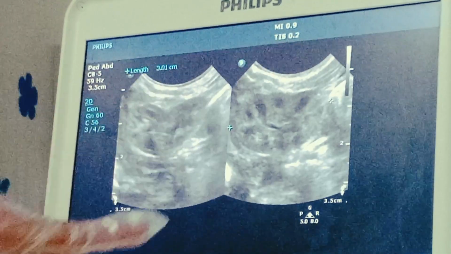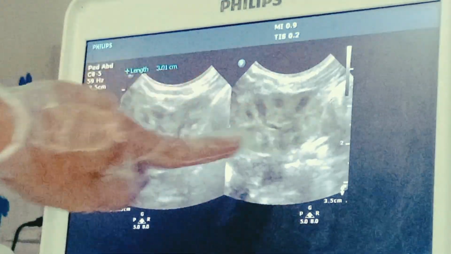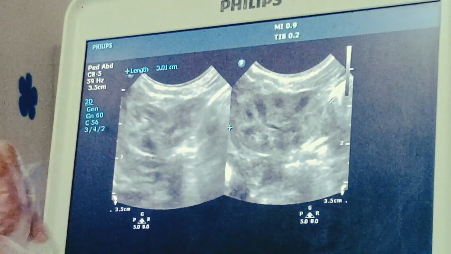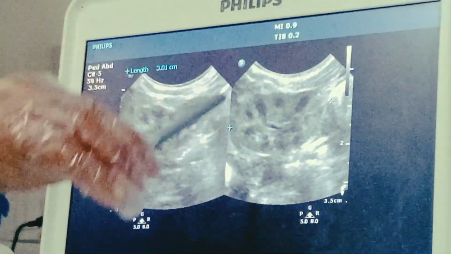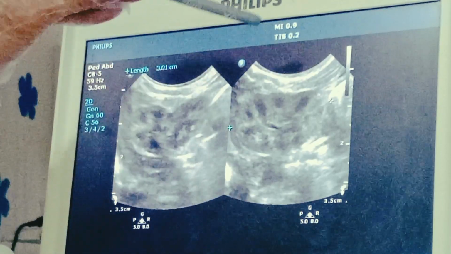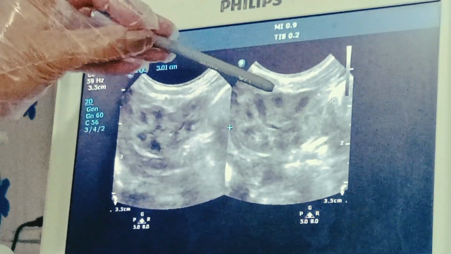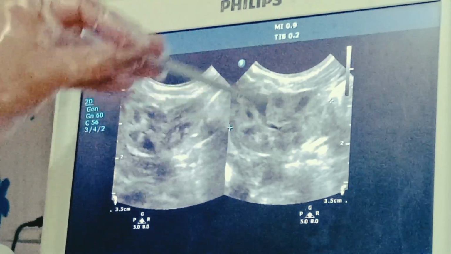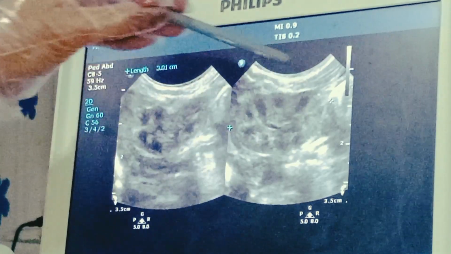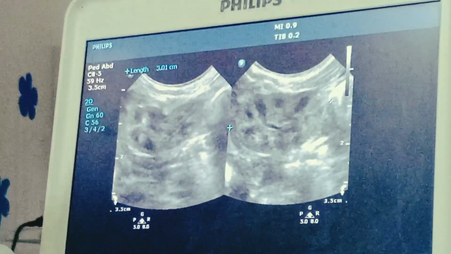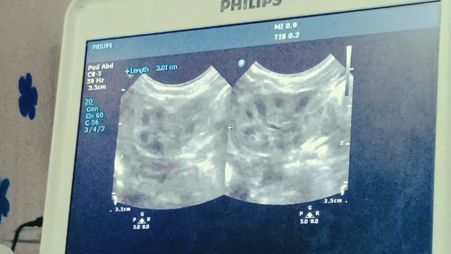This is how the longitudinal length of the kidney is measured. This is the 2D image of the kidney. You can see the pyramids, and this is the cortex, and surrounding the cortex is the capsule. Are you clear about that?